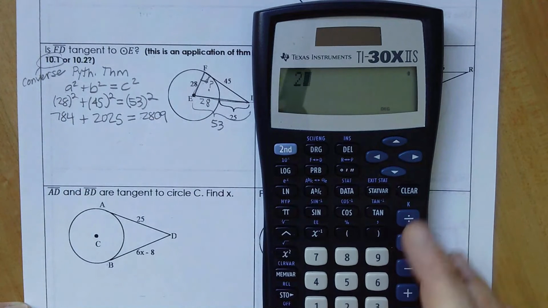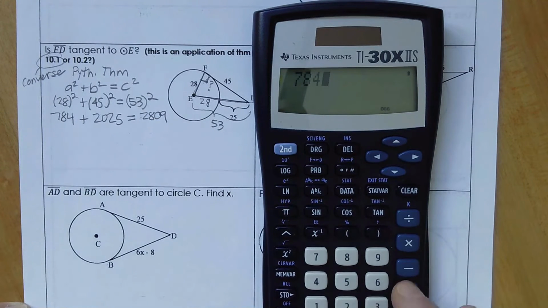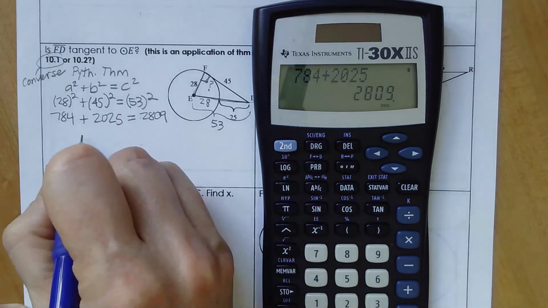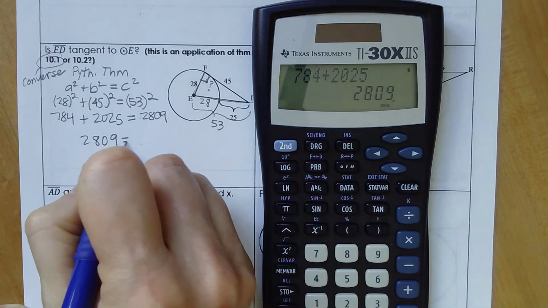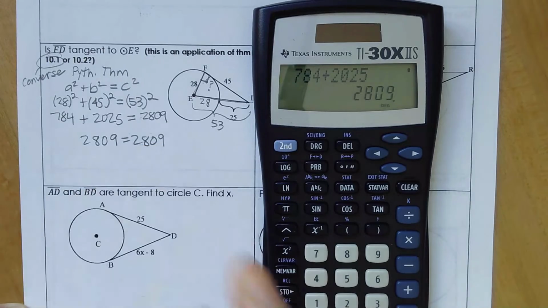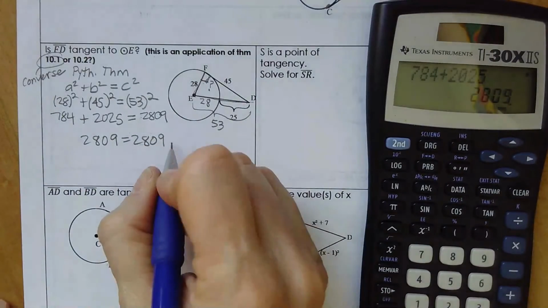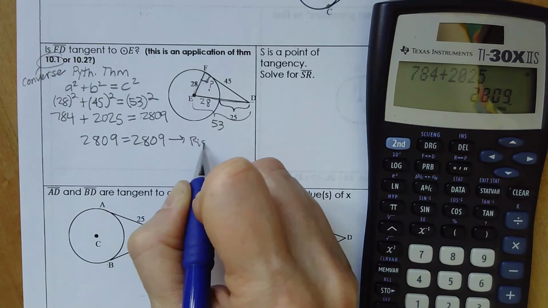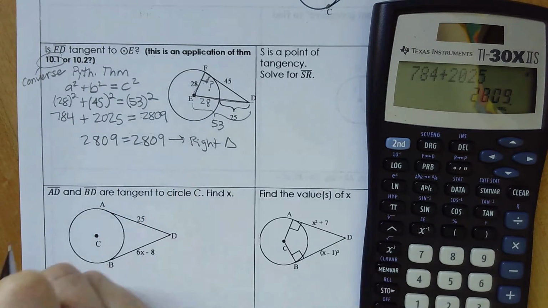Okay, let's see, 784 plus 2025 is 2809. All right, so because the two sides are equal, this tells me that I have a right triangle.